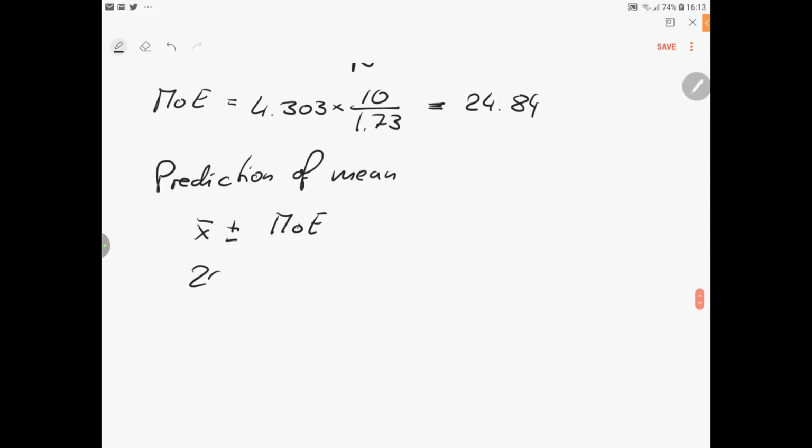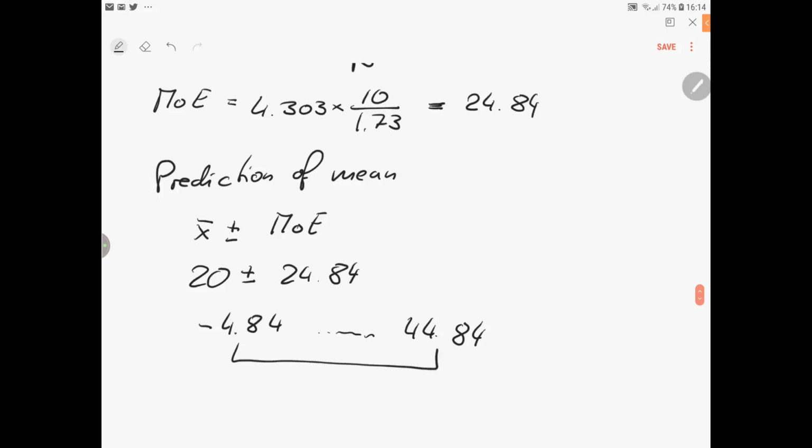So we would have 20 plus minus 24.84. And we can calculate that. So it would be negative 4.84 to 44.84.